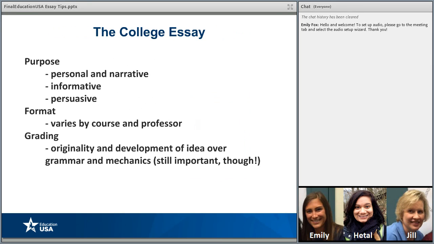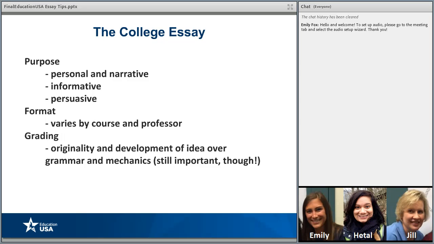Okay, so the college essay. Why do we write essays? Typically, when you are in college or in high school, regardless of where you are, you think of your literature class, you think of classes where you have to write about yourself, write personal narrative essays.